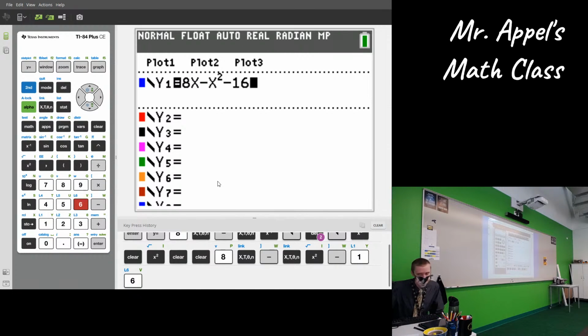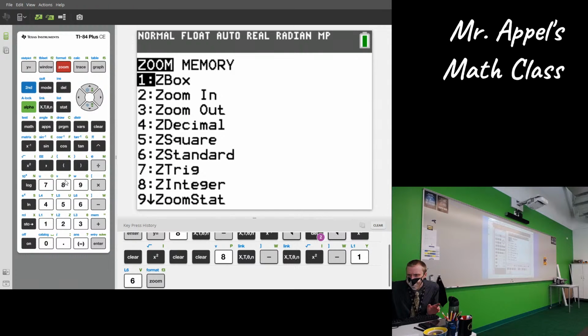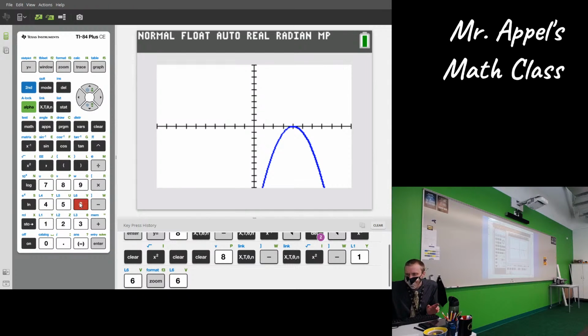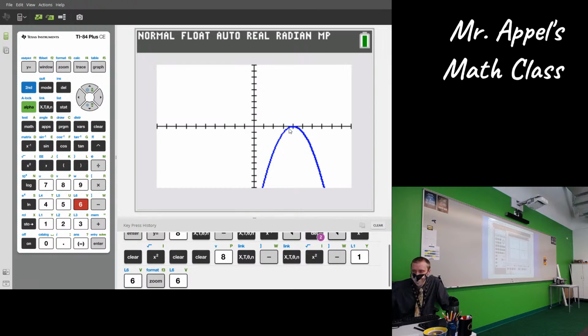Now we've got that. We can graph it. I always like to go with a zoom 6, and it'll just give us our default window. And now we can see that it hits just one spot, right about there on the vertex. So from this, I'd say, hey, use our graph by hand tools.